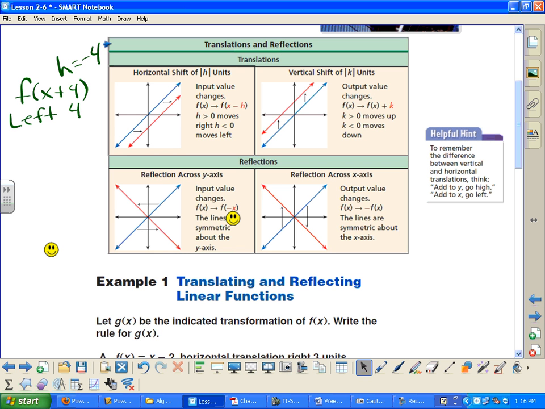So x is negative, which means all the x values are going to be the opposite. So it's a reflection over the y-axis. If it affects the whole thing, the negative of the function, all the y values are going to change signs. Any positive y values become negative y values.